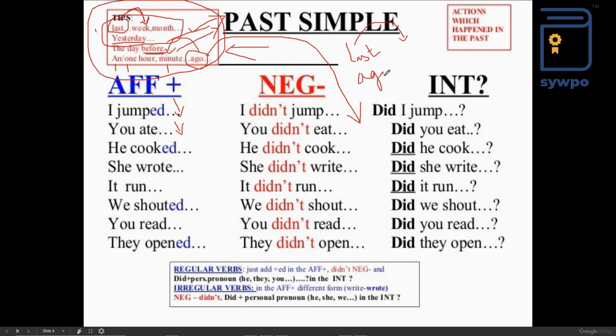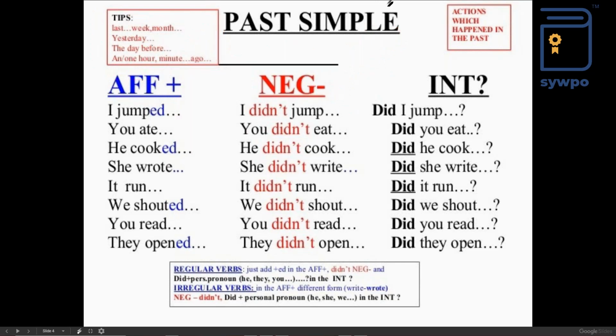Ago, we'll have time word before this. So month ago, last month. Hour ago, last hour. So this is how it works. Is this clear enough? Please let me know. You have to keep telling me if you have understood or not, because then I can assure myself that I'm in the right.